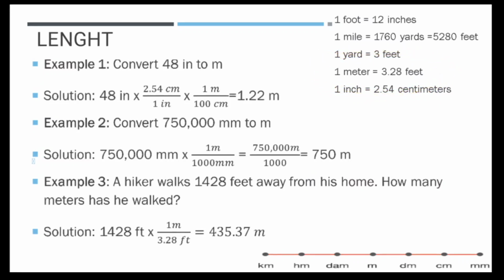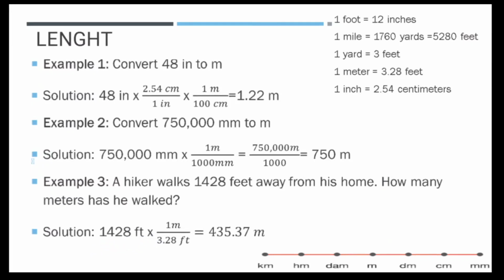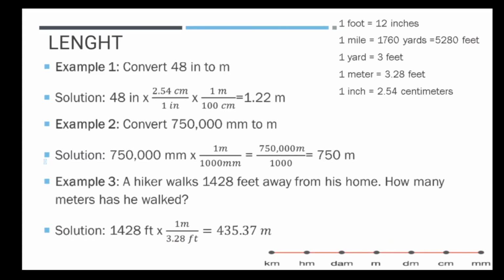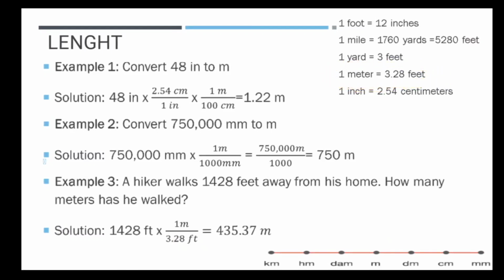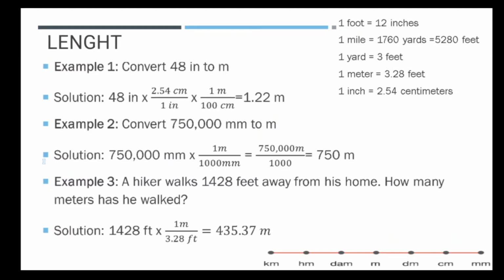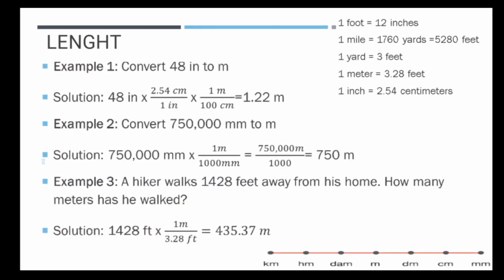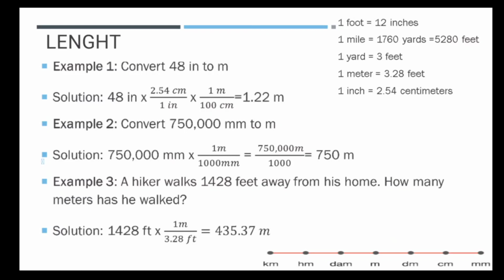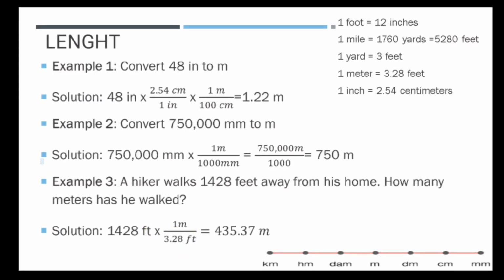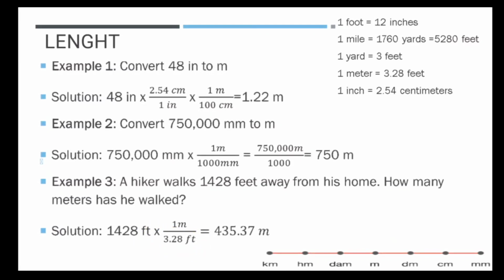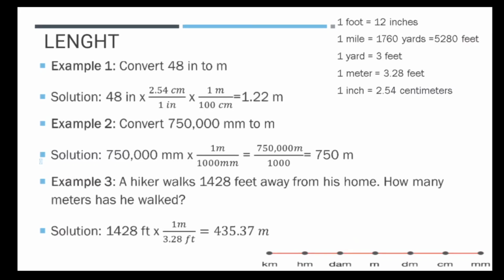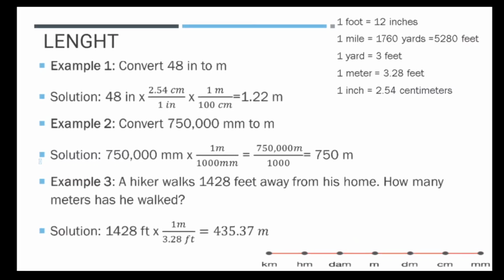So let's copy the given 1,428 feet times. Since our given is feet, therefore the denominator should be the unit feet. So the conversion here is 1 meter is equal to 3.28 feet. Therefore, our numerator would be 1 meter and our denominator is 3.28 feet. So 1,428 feet times 1 meter over 3.28 feet.